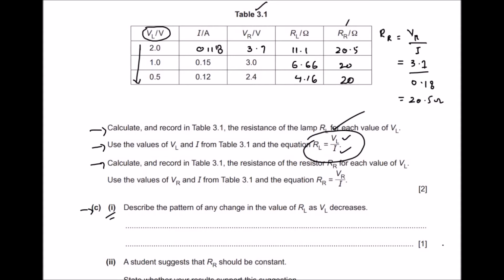Column RL, check this one. 11.1 to 4.16, it also decreases. So you can write easily: RL decreases as VL decreases.